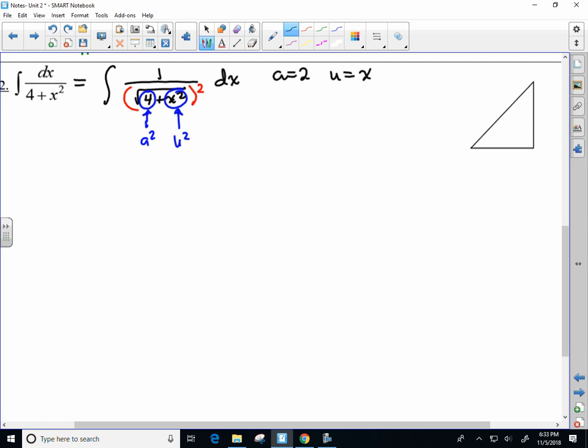So, placement. I want to place these two sides on the triangle so that the third side is the radical that I want to get rid of. I just need the third side to be the sum of the squares under a radical. Basically, I want the third side to be the hypotenuse. So as long as I place the u and the a as either of the two legs, I'm going to be in good shape.